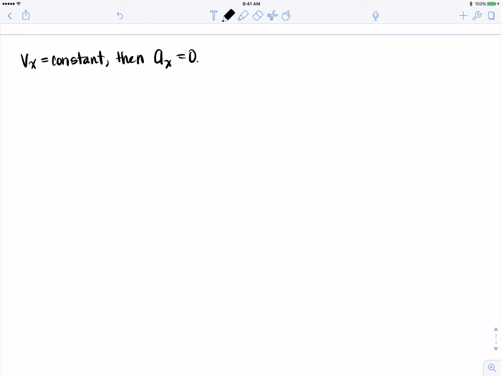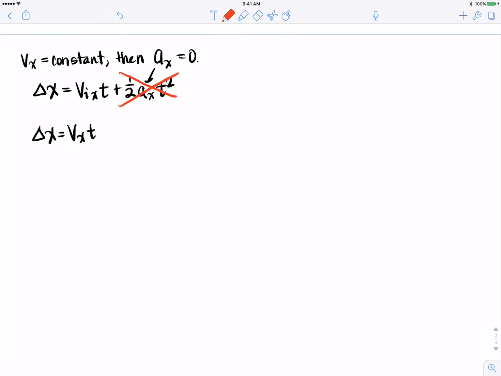Which means when we take our kinematic equations from one dimension and apply them to two dimensions in both the x and the y, our x equations, for example, delta x equals v sub ix t plus 1/2 a sub x t squared, would simplify to just delta x equals v sub x t. And the reason for this is because a sub x is 0.